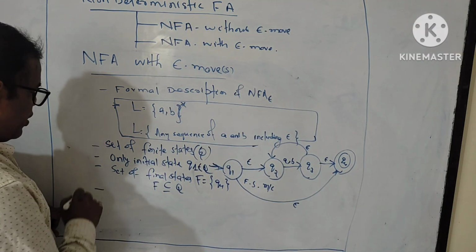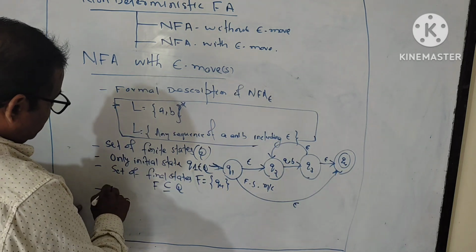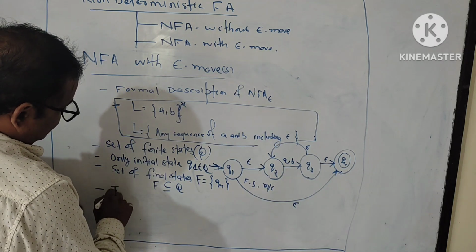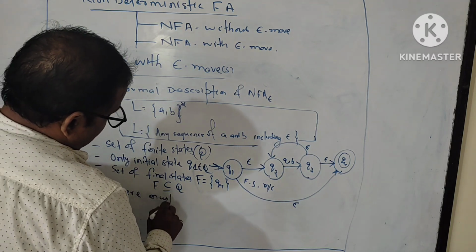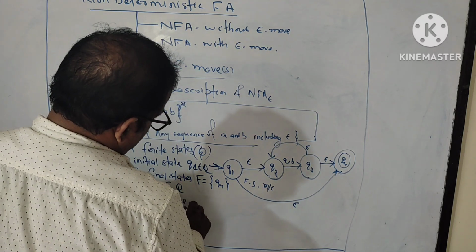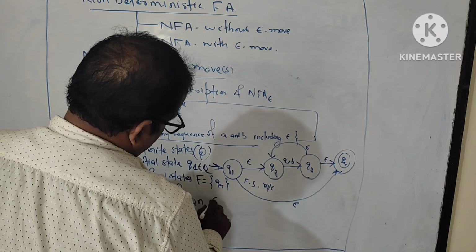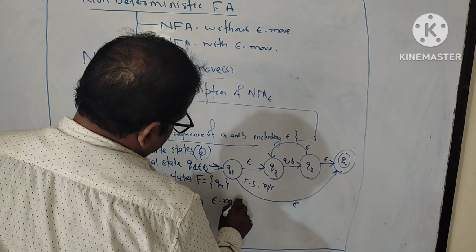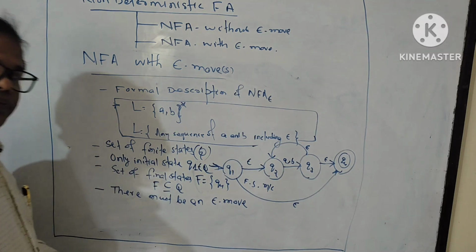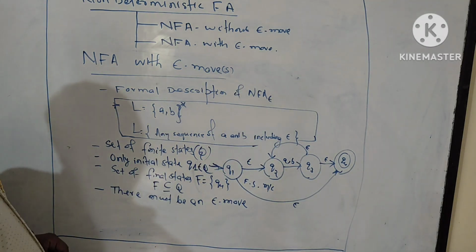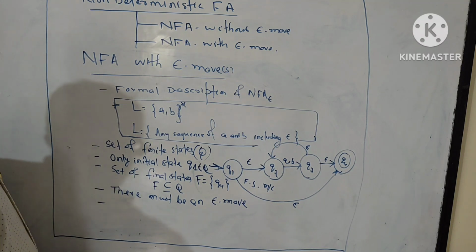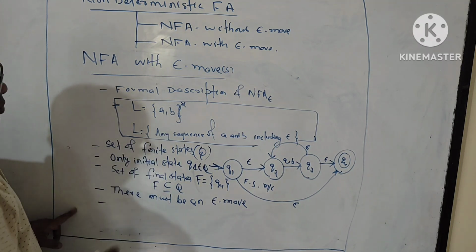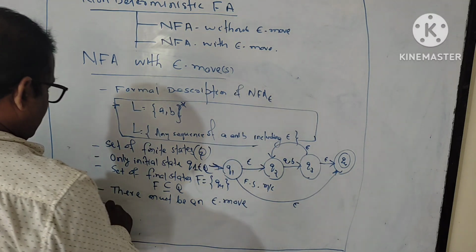And the most important point is that there must be an epsilon move. This must hold good. There must be an epsilon move. And what happened then? It is an NFA. It holds good the properties of the NFA.